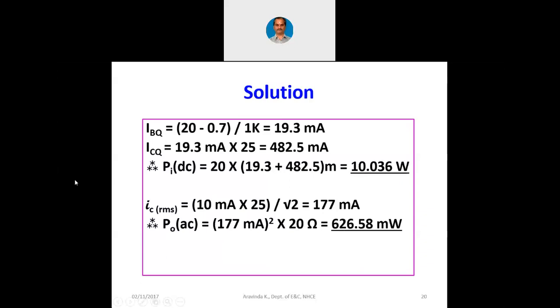Now efficiency is 626.58 milliwatt divided by 10.036 watts. Efficiency is only 6.24% here.